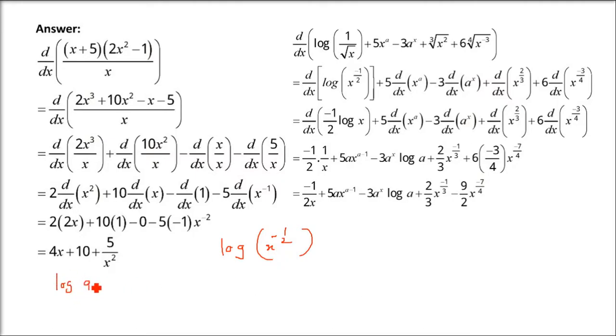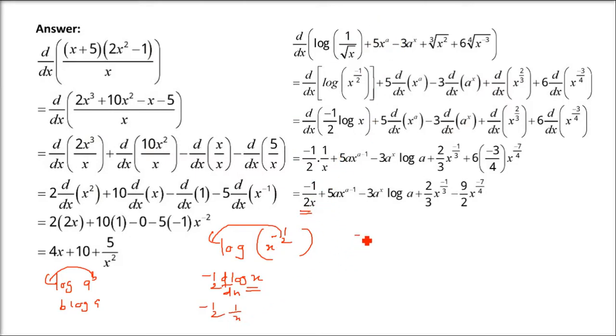So log a to the power b can be written as b log a. So minus half log x. Log x differentiation is what? 1 by x. So this is minus 1 by 2 divided by x, so minus 1 by 2x. So log 1 by root x differentiation is minus 1 by 2x.